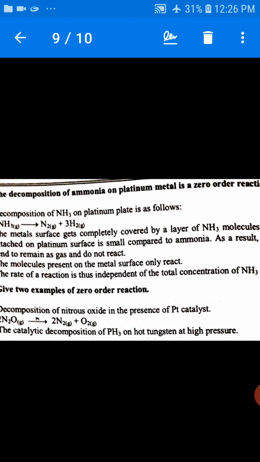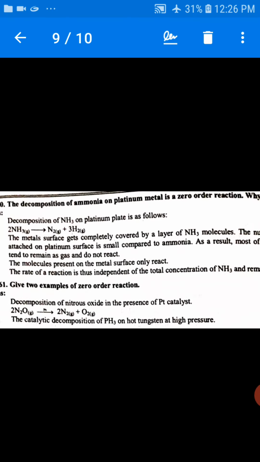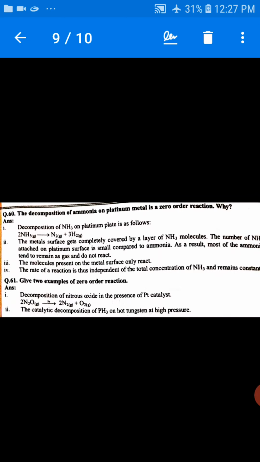The decomposition of ammonia on platinum metal is a zero order reaction. Why? That is the question. The reaction is twice NH3 gas gives N2 gas plus thrice H2 gas.